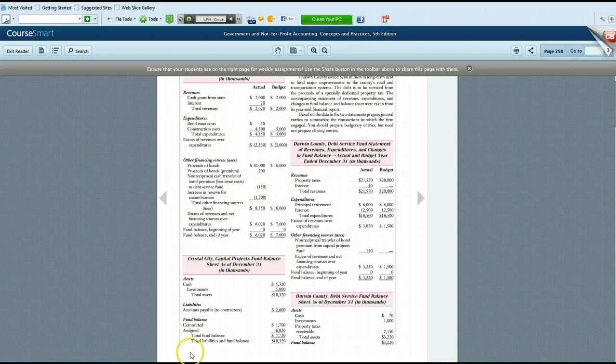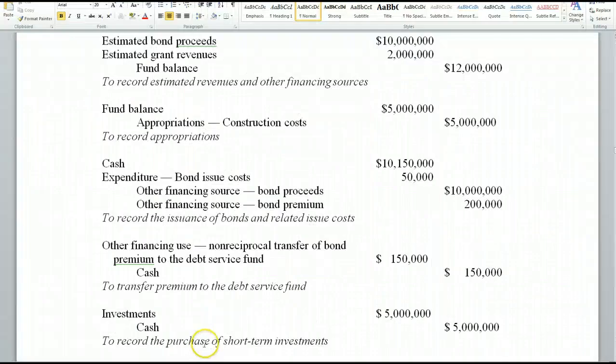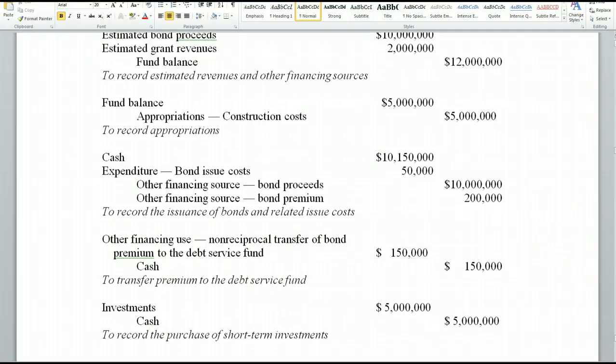And so this $150,000 will be shown here as a financing use because we are just transferring this money over to the debt service fund, other financing use, and we're crediting cash, transferring over that premium.